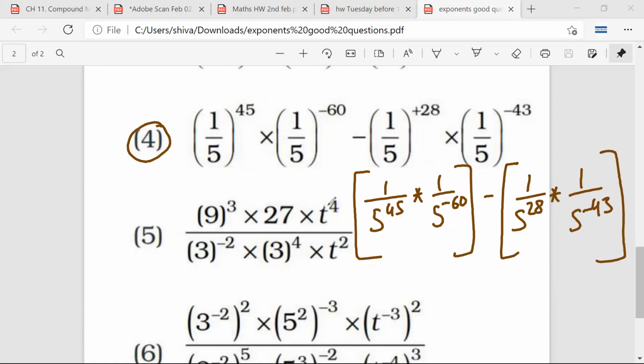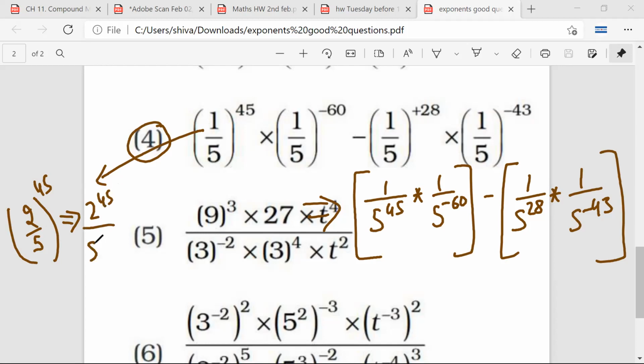Anybody has a doubt, please ask me. If this was written as 2 raised to power 5 raised to power 45, I would have written this as 2 raised to power 45 upon 5 raised to power 45.